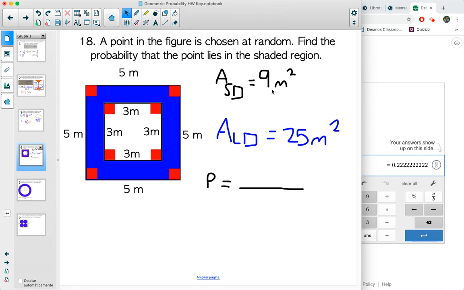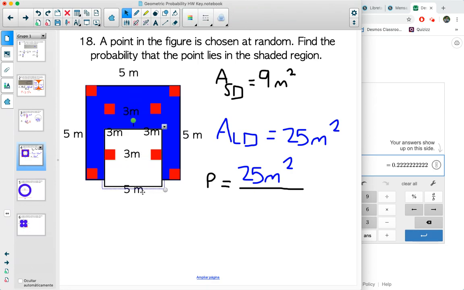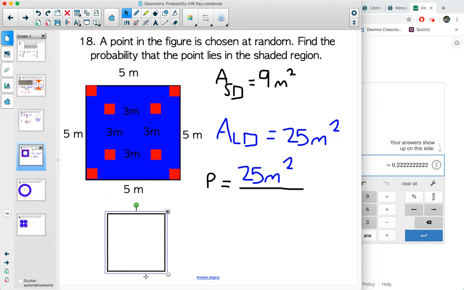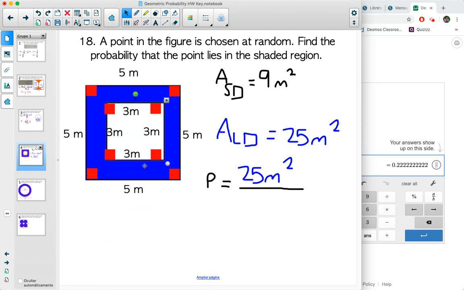Okay, so what we're going to do is take the area of the large square, and then we are going to subtract the area of the white, because if we have the area of the blue, that's what we have. Okay, and then if we subtract the area of the white, then we're left with the ring.